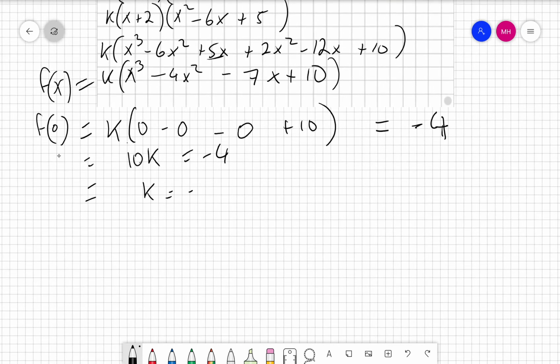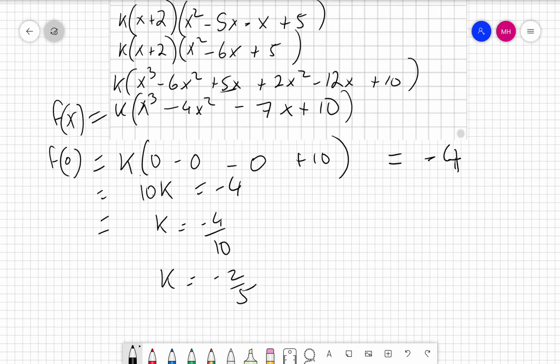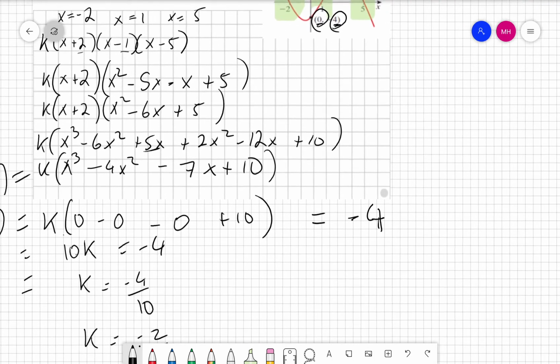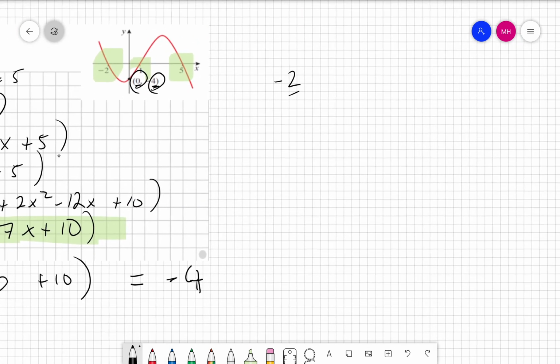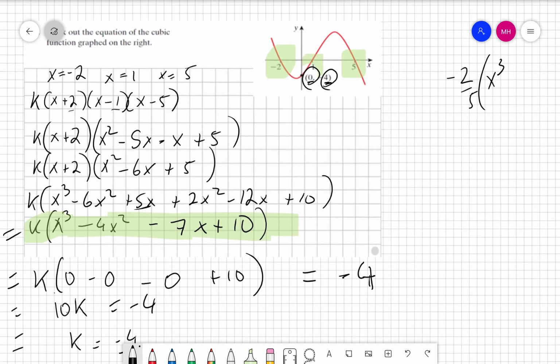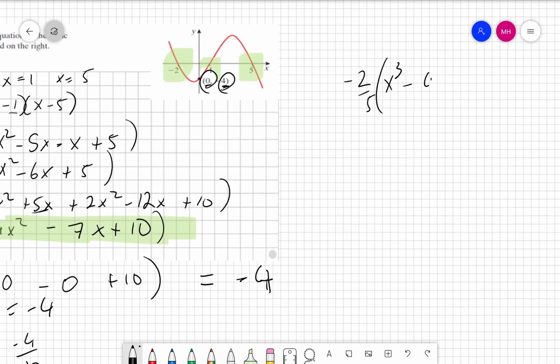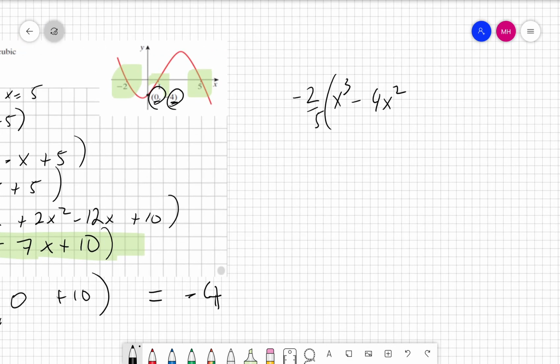That means k is equal to minus 4 over 10. So k is equal to minus 2 over 5. So that's your function, but with a minus 2 over 5 in front of it. So your answer is minus 2 over 5 into x cubed minus 4x squared minus 7x plus 10.